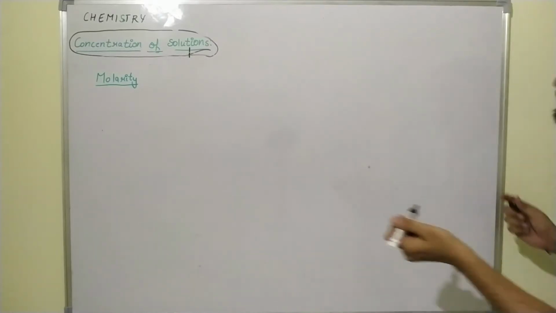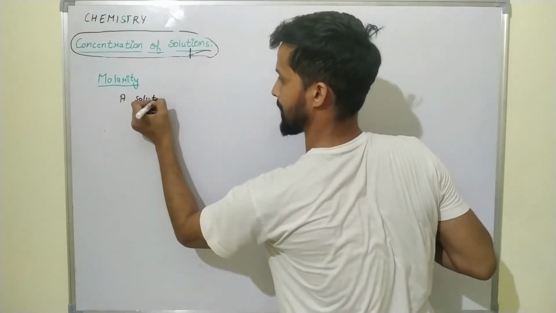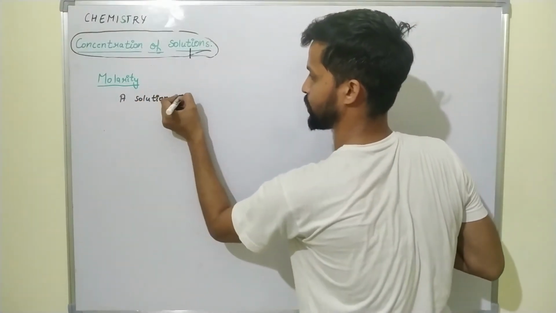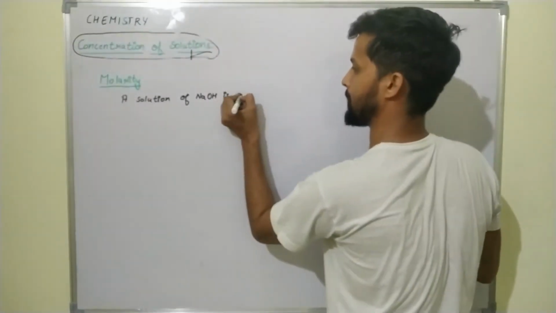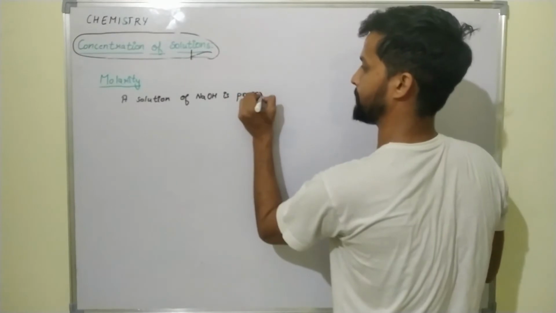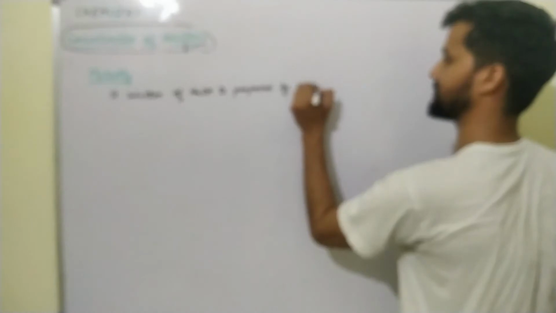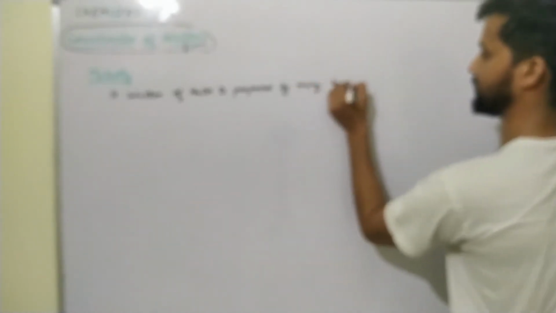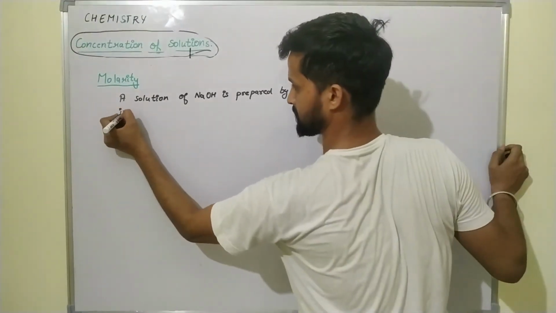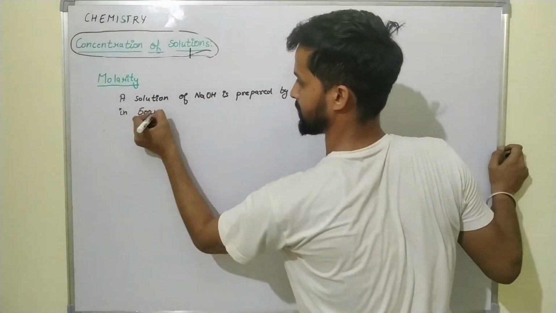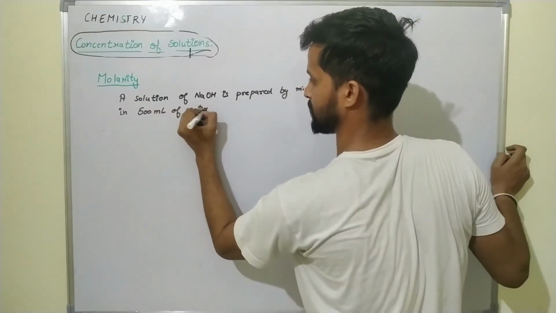So students, here is a simple numerical. A solution of sodium hydroxide is prepared by mixing 4 gram of sodium hydroxide in 500 ml of water.